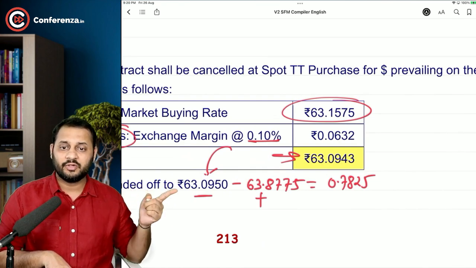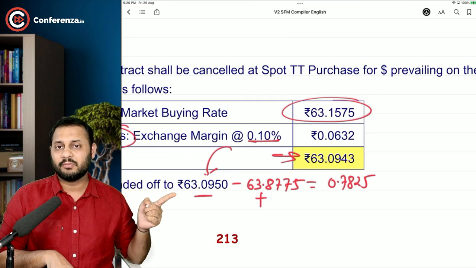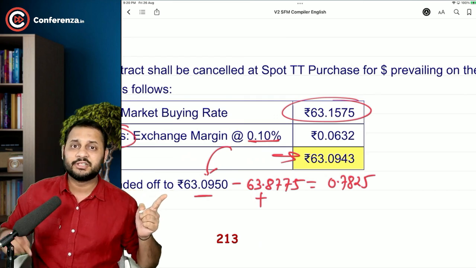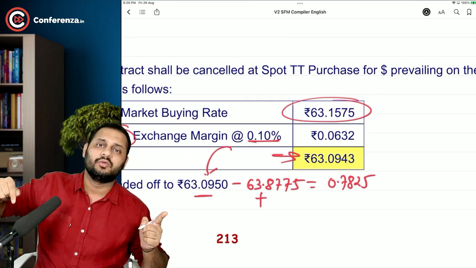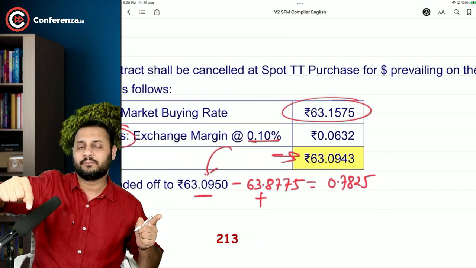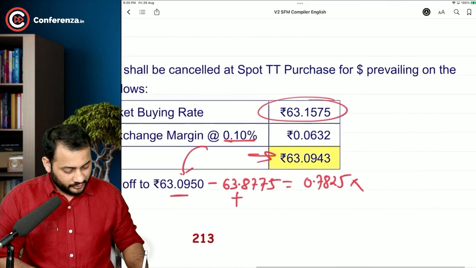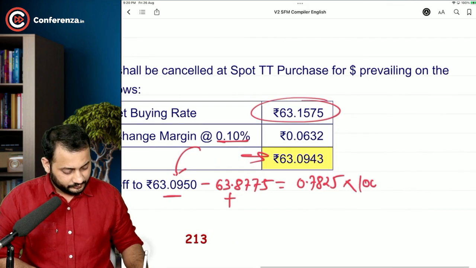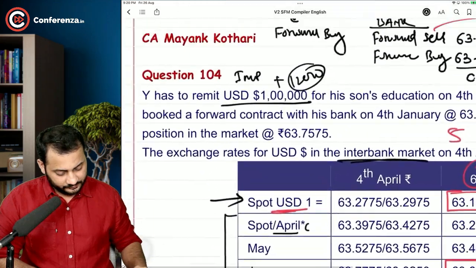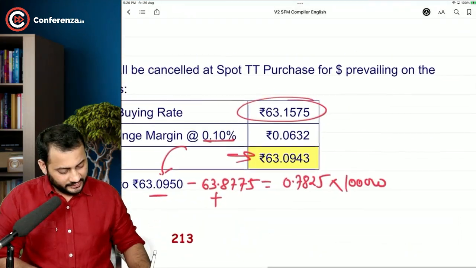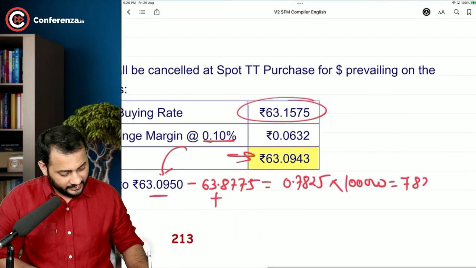It's a profit to the bank or an inflow to the bank due to cancellation. That means it should be outflow to the customer because of cancellation. Only then there will be a profit. Na? 0.7825 into 1 lakh. Yes. So the cancellation charges is 78,250.